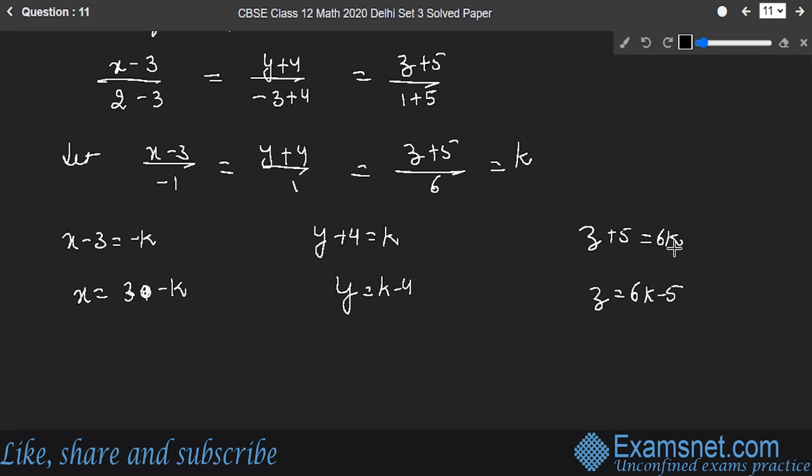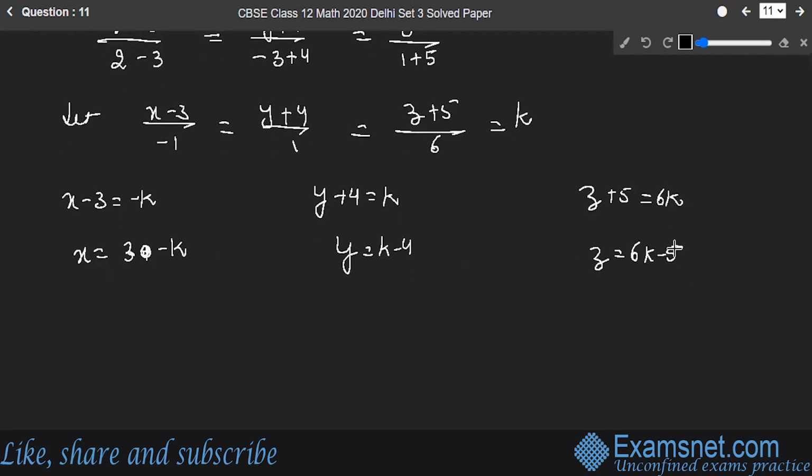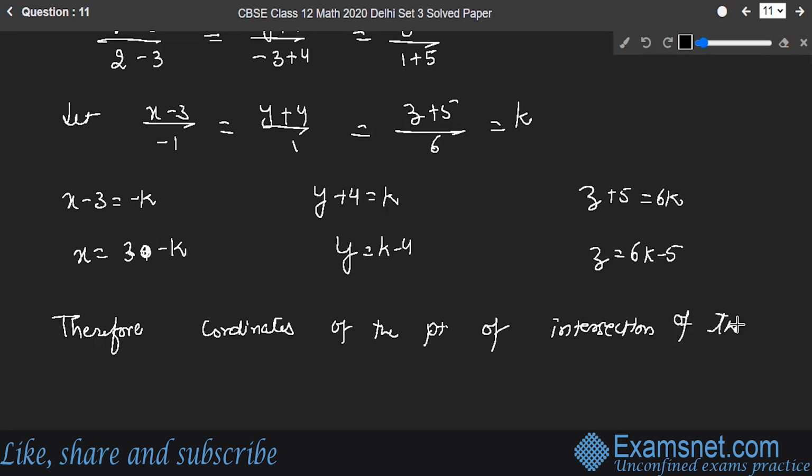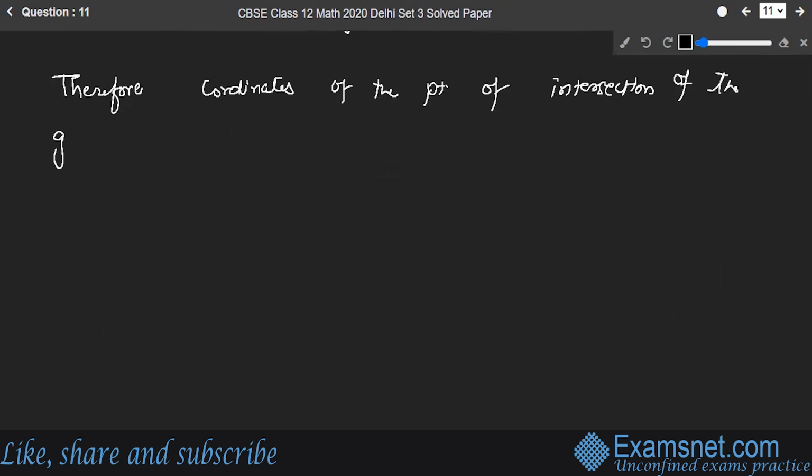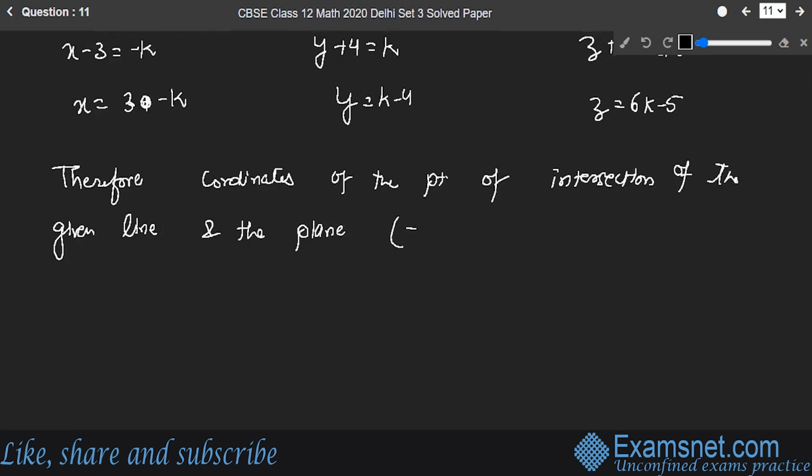Now the coordinates of the point of intersection of the given line and the plane will be given by minus k plus 3, k minus 4, 6k minus 5.